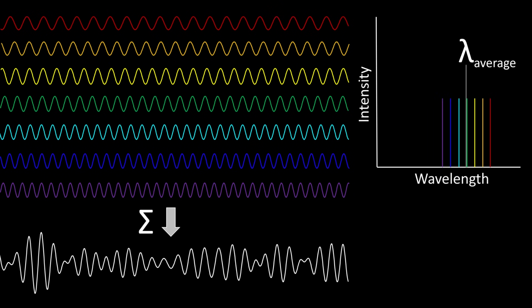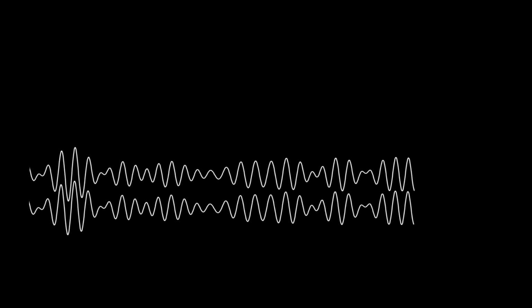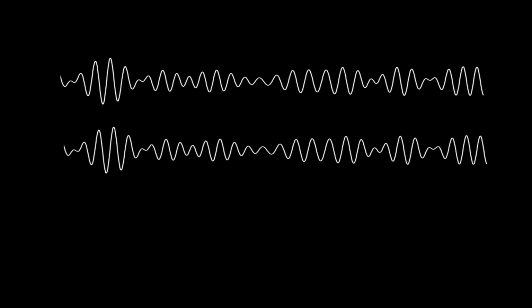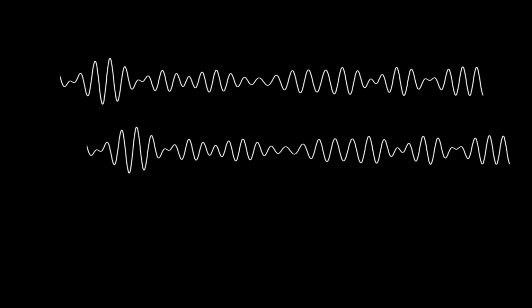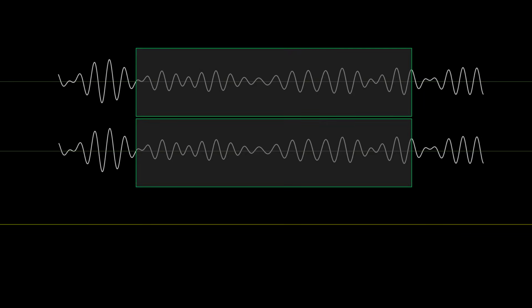Now what we'll do is split this wave into 2 waves with half the intensity, like what happens in the beam splitter, and then we'll start shifting them in time and see what happens to the total resulting intensity. Here are the 2 half waves, and I will now consider just these 2 segments of equal length in both.